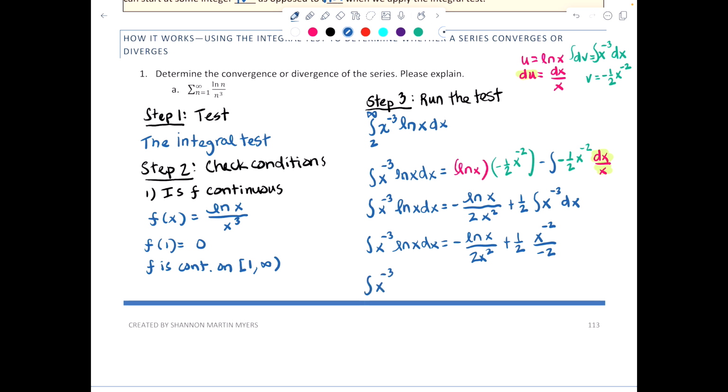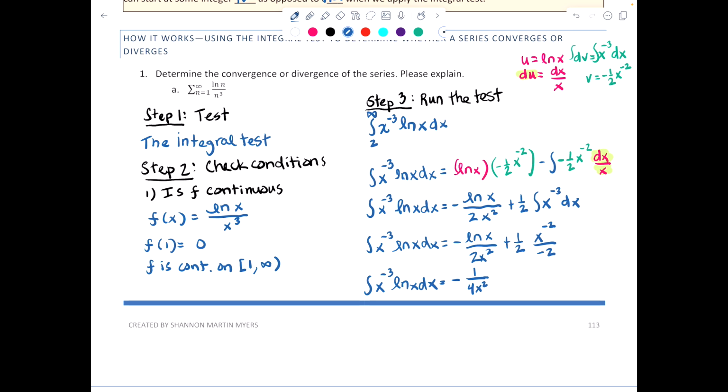The integral of x to the negative 3 times natural log of x dx equals, simplifying a bit, negative 1 over 4x squared. We can divide out because we'll have a 2 times a negative 2 in the denominator of the second term.